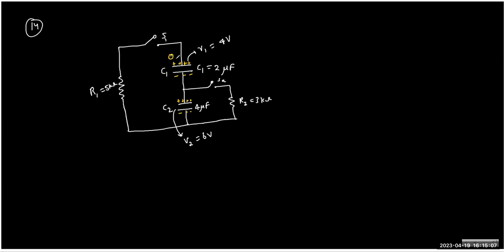So we can find the charge here. Q1, Q2. Q1 is CV, right?